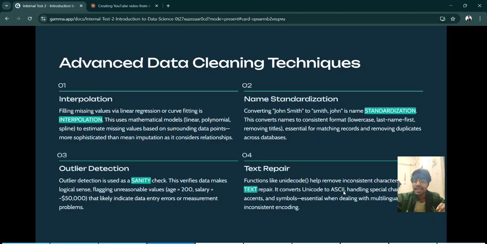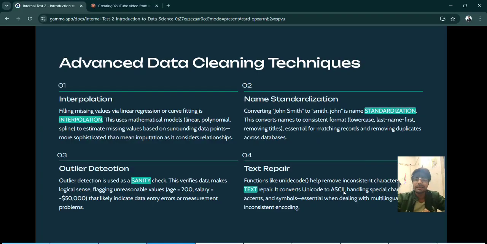If you see an age of 200 years or a salary of negative 50,000, that is clearly wrong. This is likely a data entry error or measurement problem. Outlier detection helps flag these unreasonable values so you can investigate and correct them.